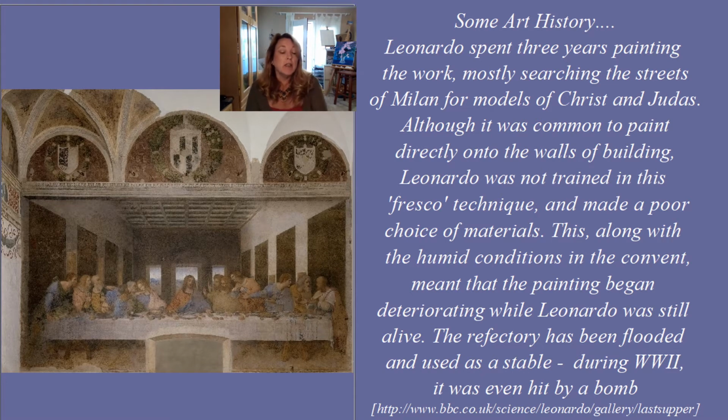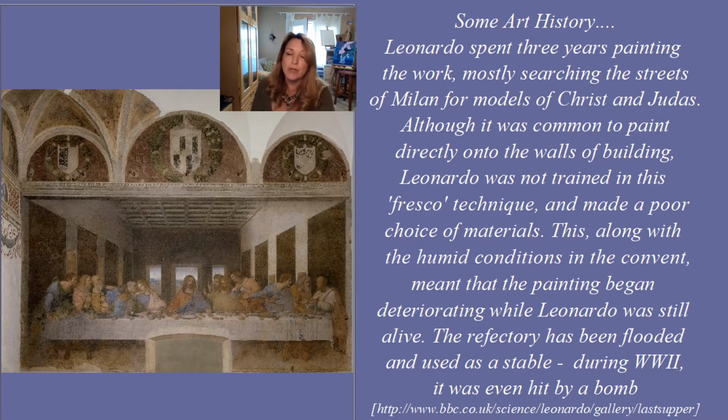So he spent 3 years painting the work. He was not one to finish projects. When you would give him a project, he might leave it for a while and come back to it later. Great procrastinator. So not always dependable if he was commissioned for a work.